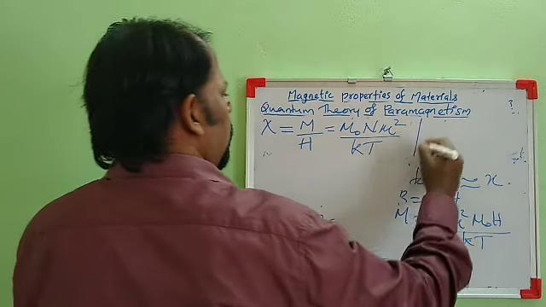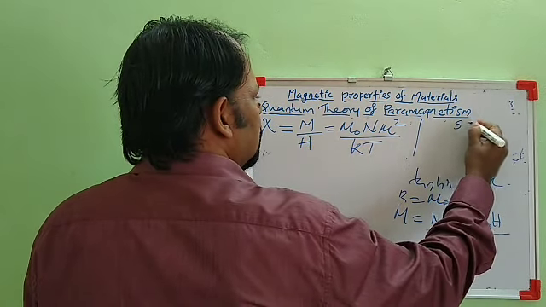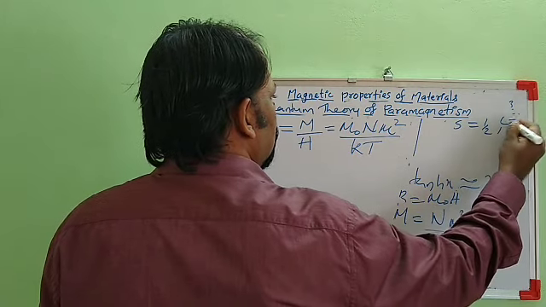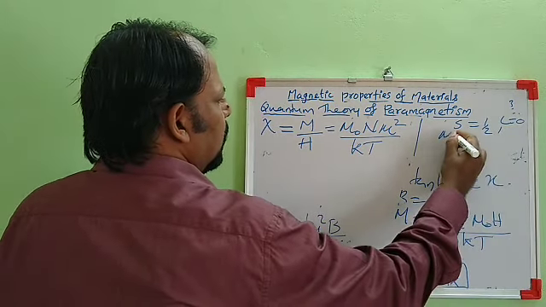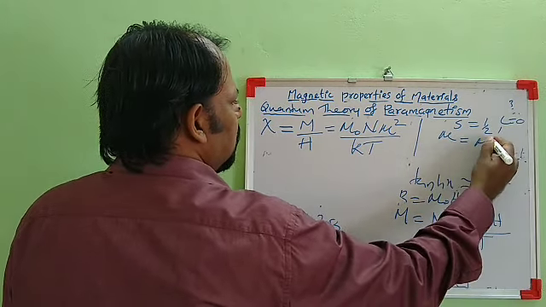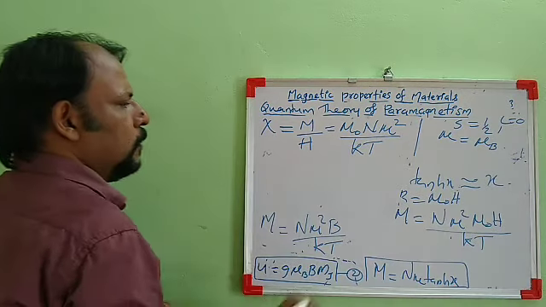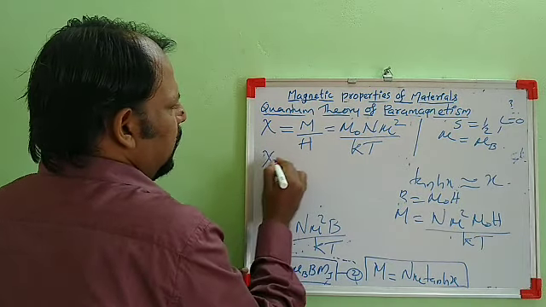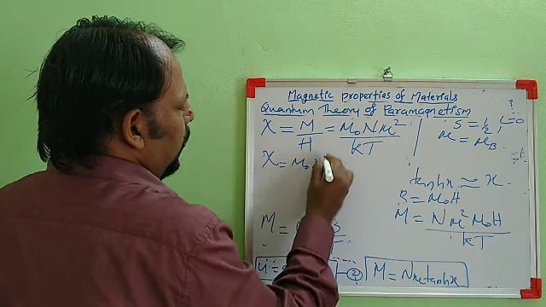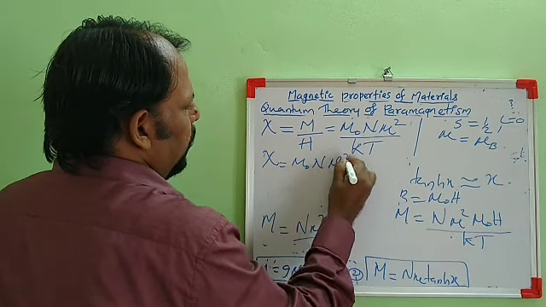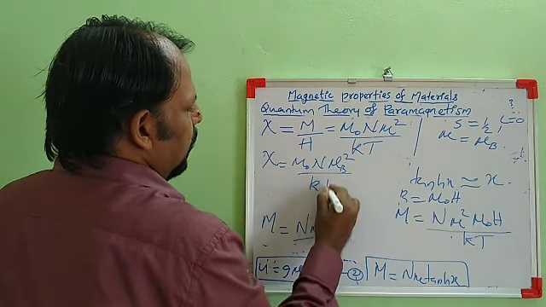Here the magnetic moment we are considering is for S equal to 1 by 2 and L equal to 0 state. In that case, as I told earlier, the magnitude of magnetic moment is mu B. So this can also be written as chi equal to mu 0 N mu B square by kT.